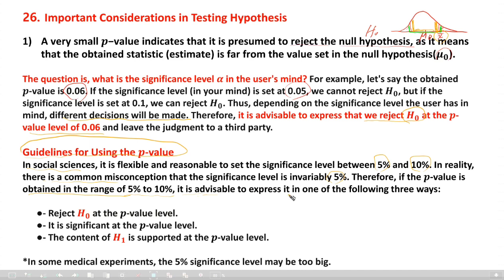Therefore, if p-value is obtained in the range 5% to 10%, it is advisable to express it one of the following three ways. Reject H0 at, let's say, your p-value 0.06 level, okay? You can say that it is significant at the 0.06 level.